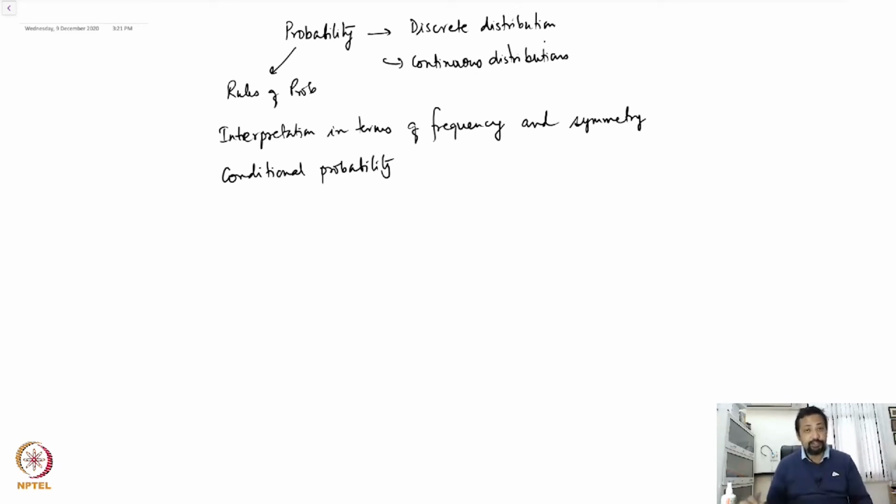We also looked at the central limit theorem, but right now what we are going to focus on is information and uncertainty.